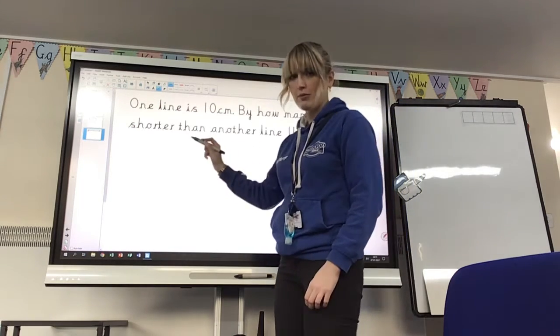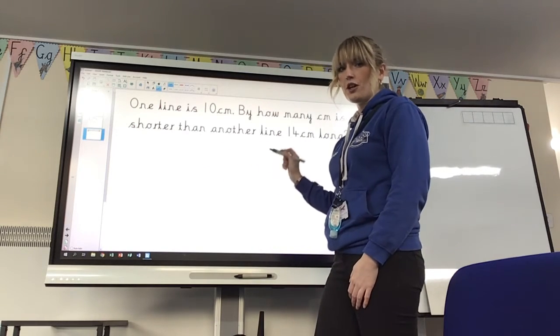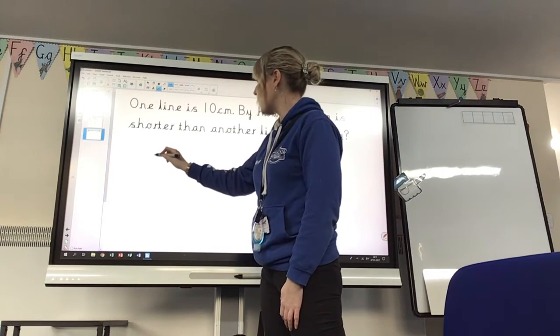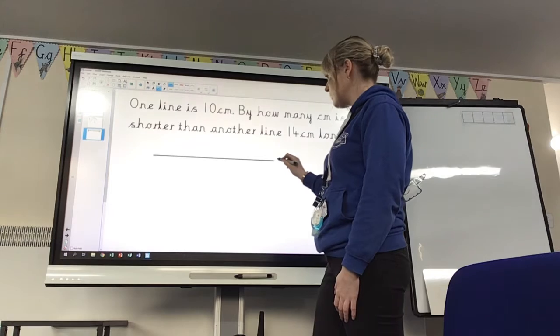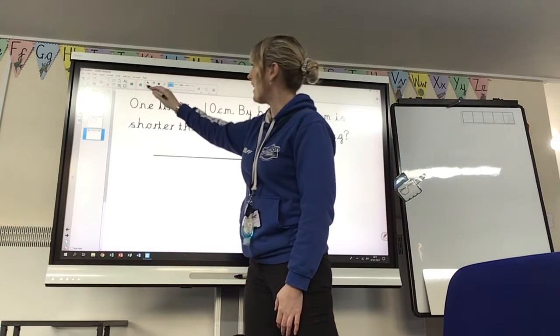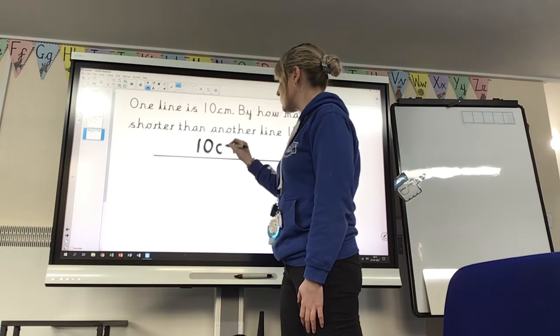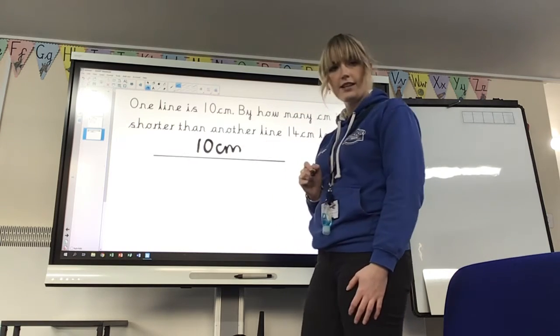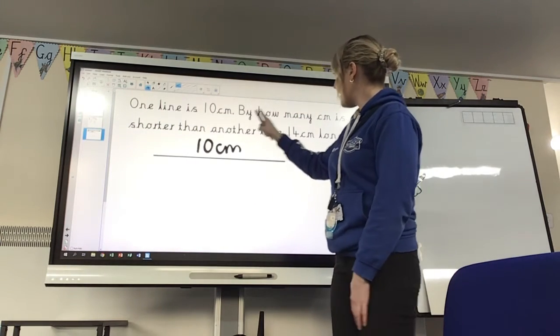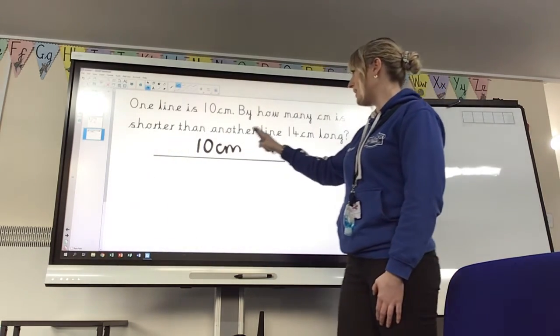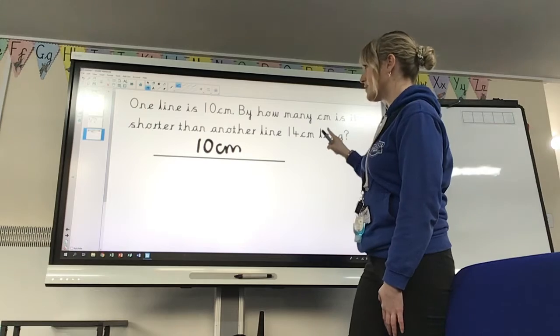Okay, I'm not going to draw them the correct size on my board, but it might be helpful if you have got a ruler. So I'm going to draw a line there, and I'm going to say that this line is 10 centimetres. Okay, now it says by how many centimetres is it shorter than another line 14 centimetres long?